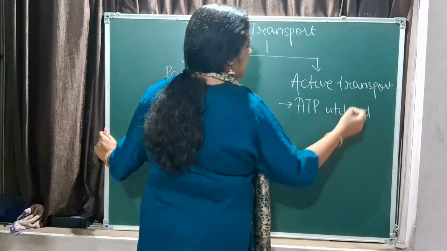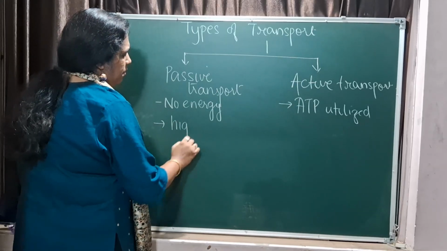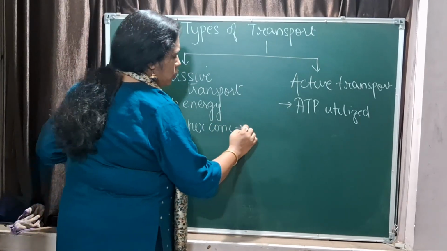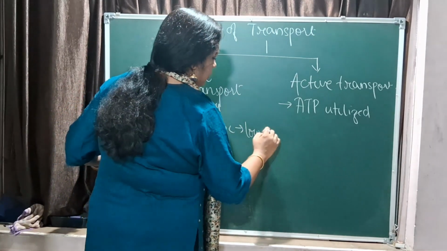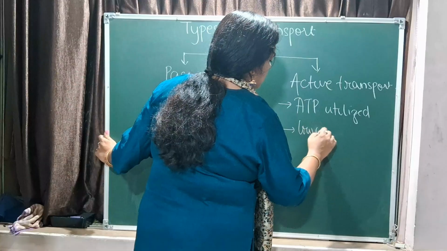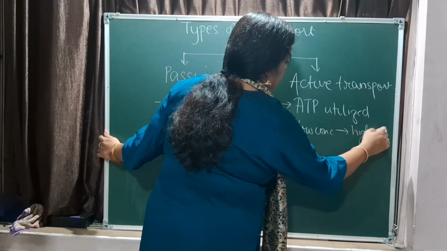The expenditure of ATP is there. For passive transport, generally the movement happens from higher concentration to lower concentration. And in active transport, you have it from low concentration to high concentration using energy.